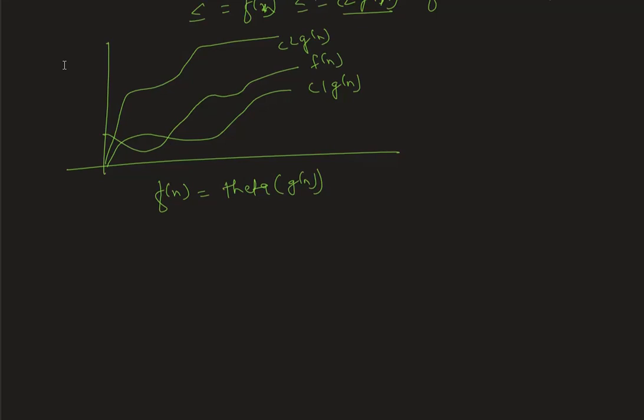So f(n) is always non-negative, and c1 into g(n) and c2 into g(n) can be 0, but f(n) always lies between c1 into g(n) and c2 into g(n).